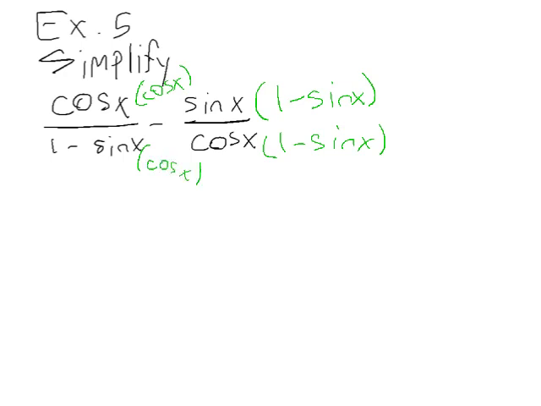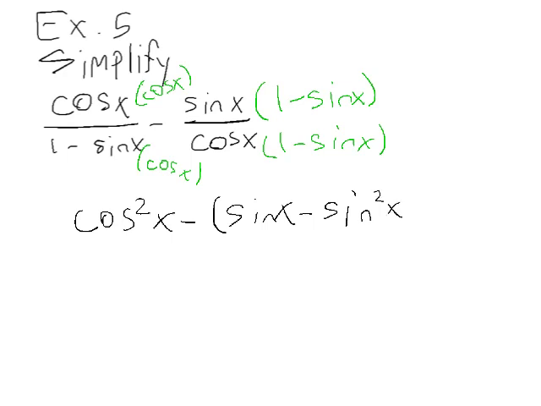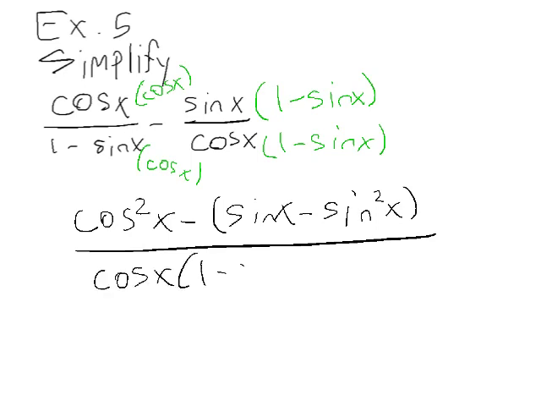When we do that, we're going to get a new fraction, and it's going to be cosine squared x minus sine x minus sine squared x. And then on the bottom, we're going to have cosine x times 1 minus sine x. I would not necessarily put the bottom together yet, just in case something will reduce out in the long run.